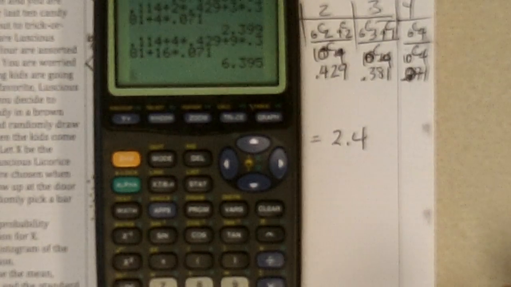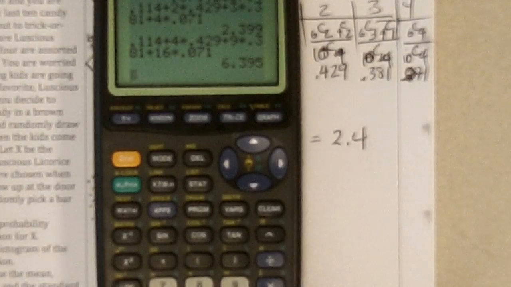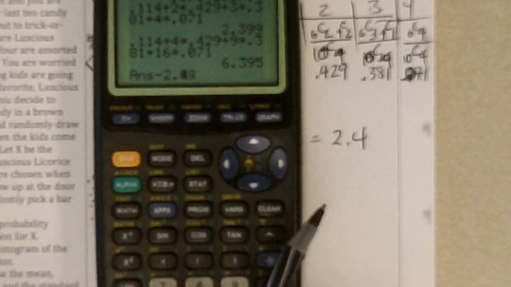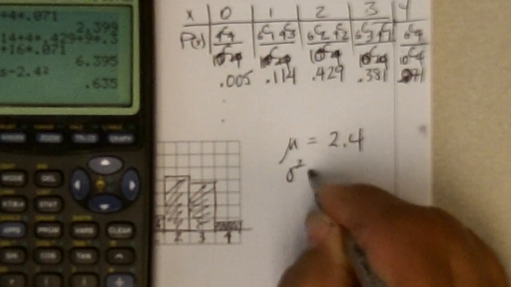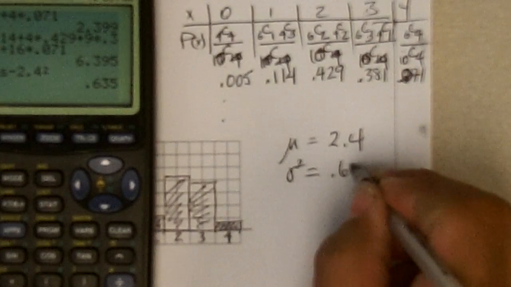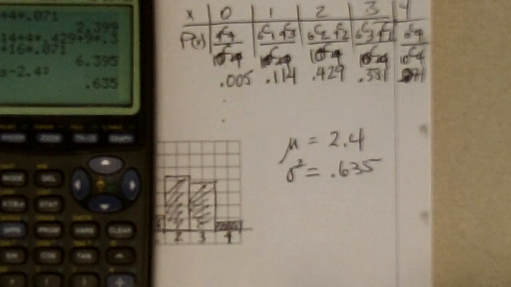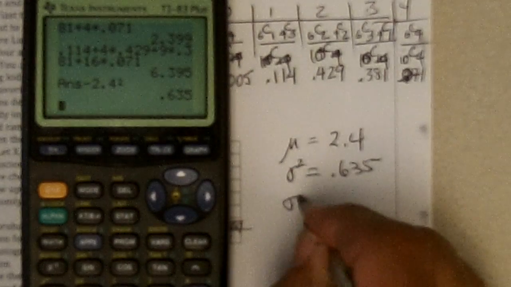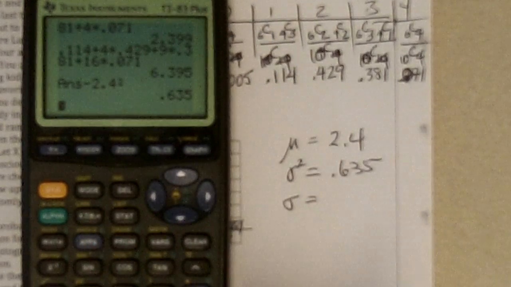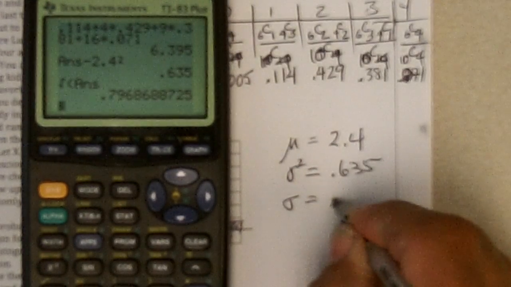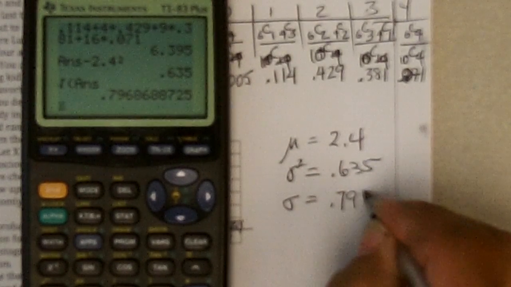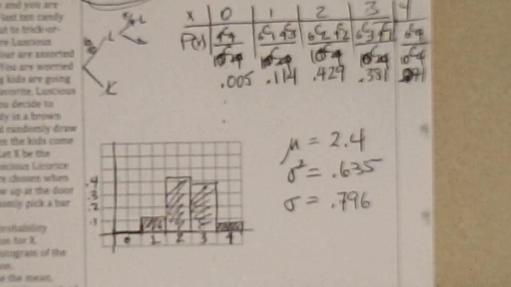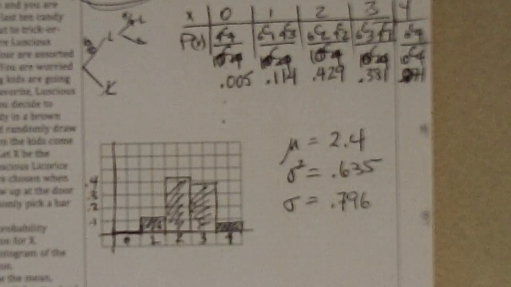And I get that answer, then I'd have to subtract the mean squared, minus 2.4 squared, and I get a variance of 0.635, and then I get a standard deviation of the square root of this, which is 0.796, 0.8 basically. Okay, and that's number 4.